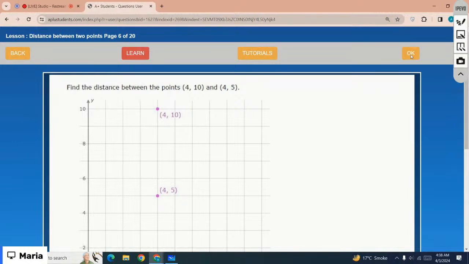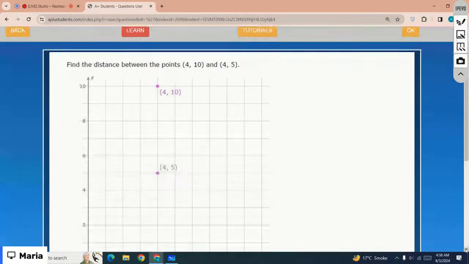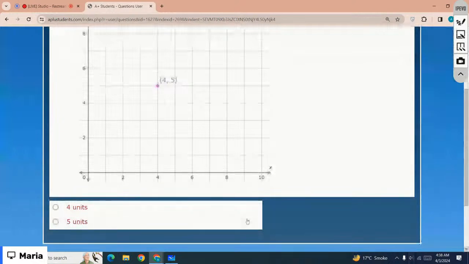Find the distance between the points (4, 10) and (4, 5). So which is the correct option? Yes, that is 5 units. The correct option is 5.